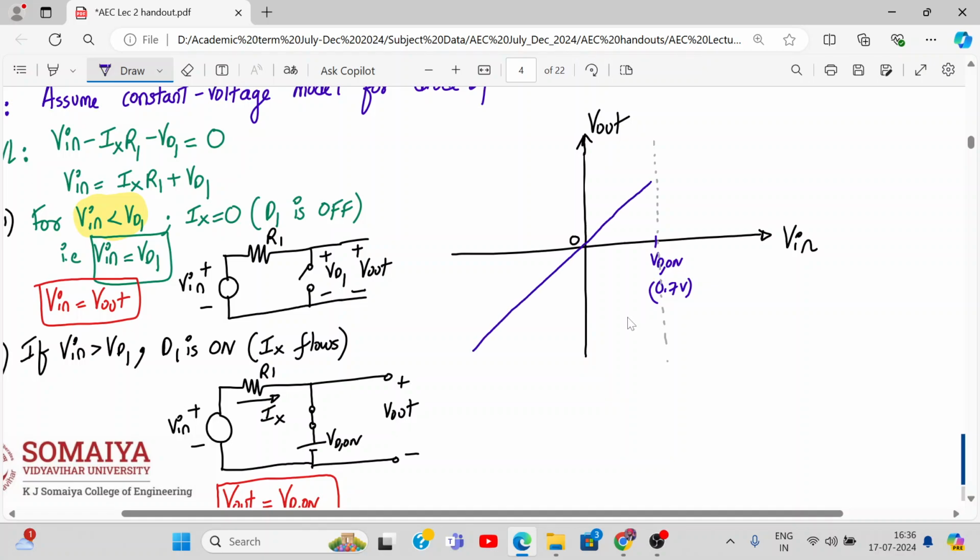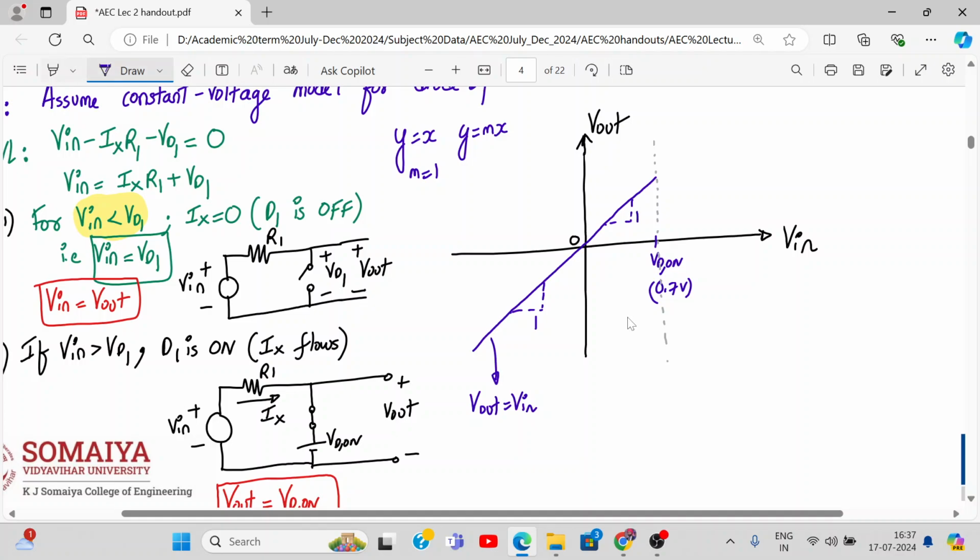Where it will stop? It will stop here. Agree? Yes or no? Because here the slope will be 1 only, na? Because here this line represents V out equal to V in. When will Y be equal to X? Y is equal to mx, where m is equal to 1. The slope of this line will be 1. Agree? Yes or no? Straight line passing through the origin.